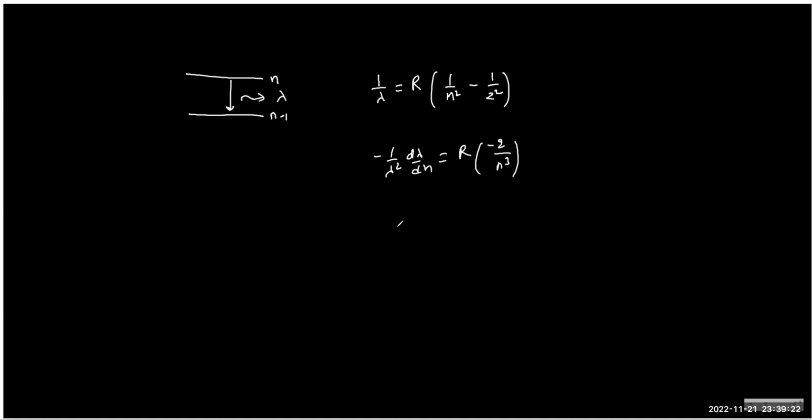And d lambda by lambda square is 2R by n cube. And we can take dn equals to 1 for the two consecutive transitions. So 2 lambda by n cube.